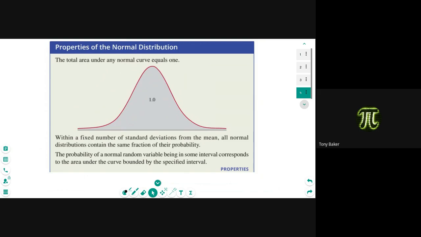We're going to use what's known as a probability table or a Z table that's going to have all the numbers in it for us. And we're going to be able to do the calculations based on that, which makes my life a lot easier. My calculus class actually has to do the area under the curve for their Calc 2 class, because that's the only way to find a true area under the curve.